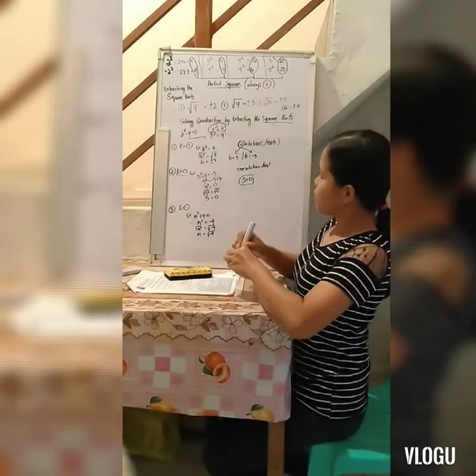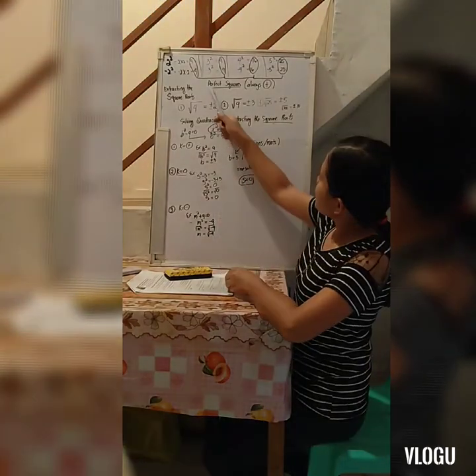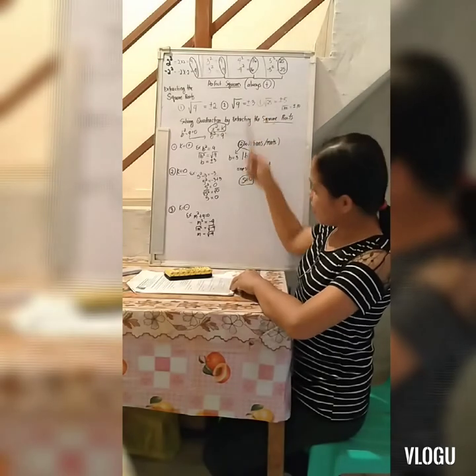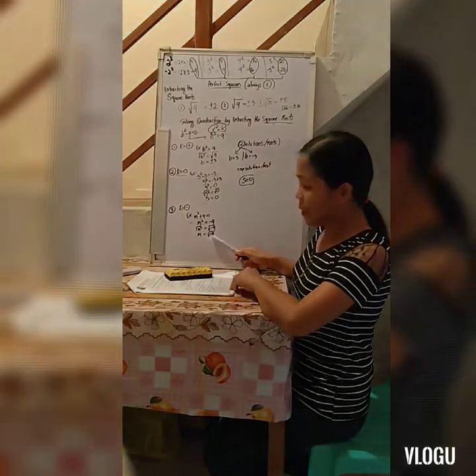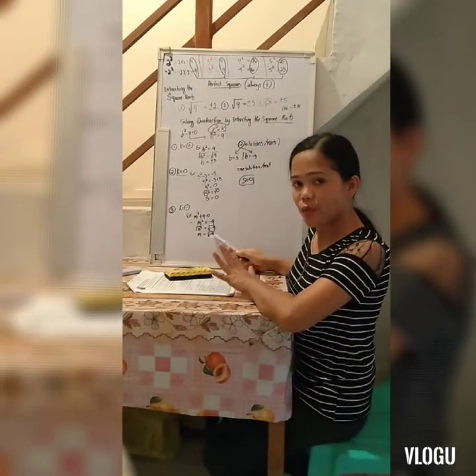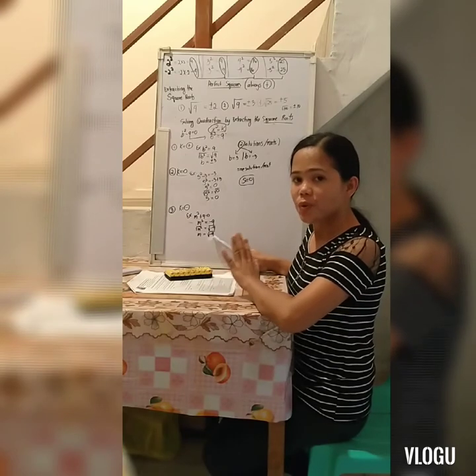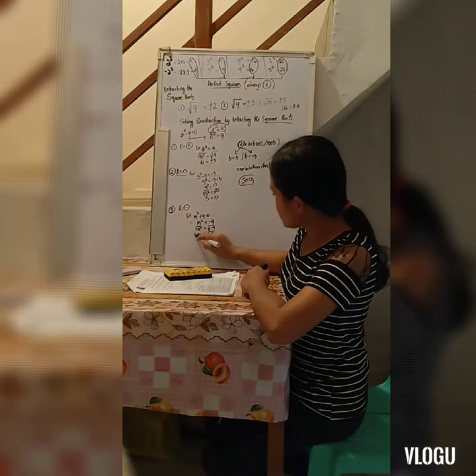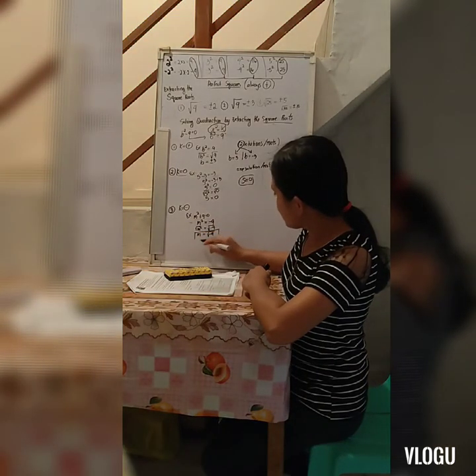Why? Earlier we said that perfect squares are always positive, and 9 is a perfect square, but it is negative. Therefore, we have no real solution. So we just copy square root of negative 9.